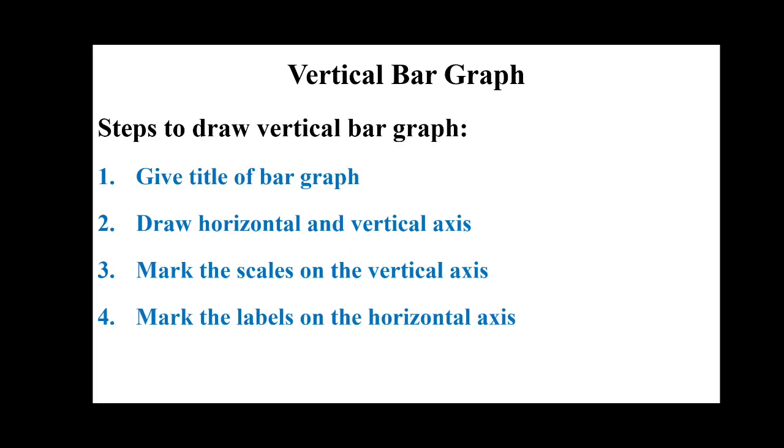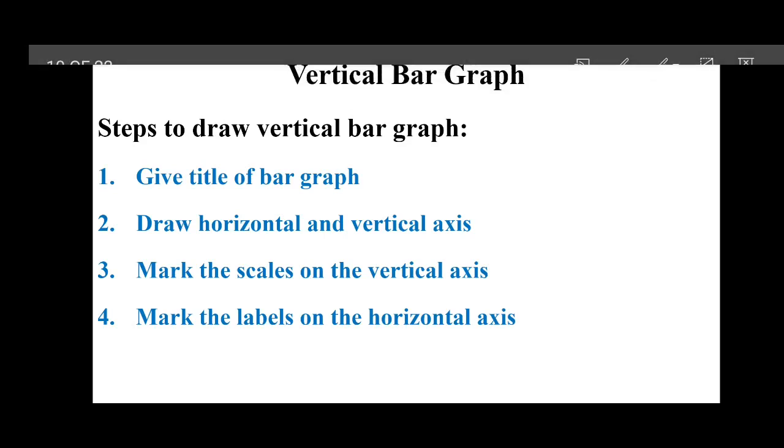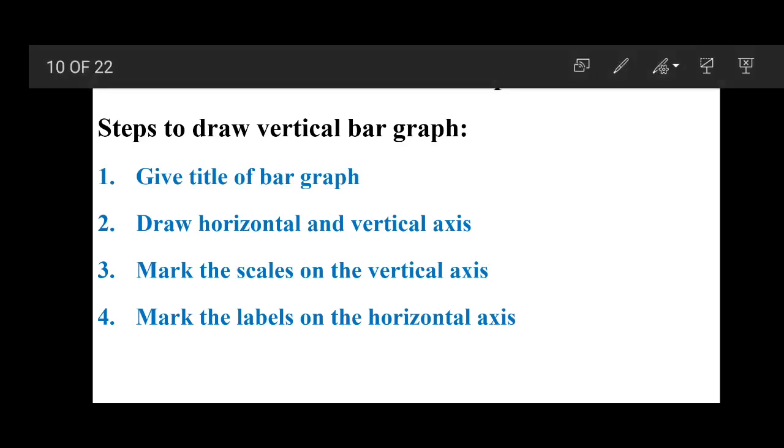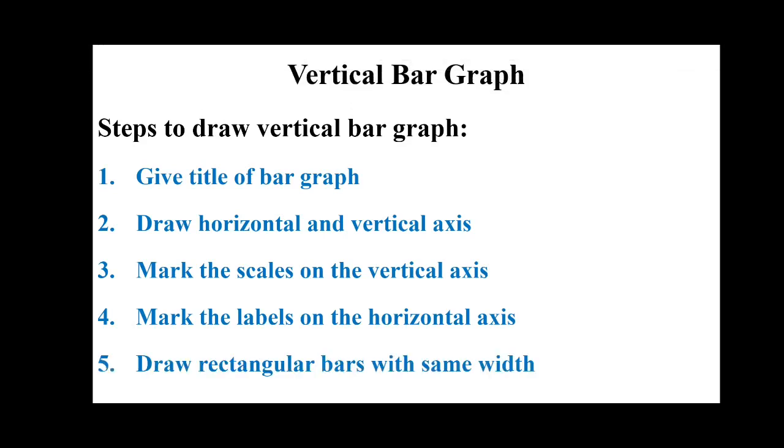Fourth step. Mark the labels on the horizontal axis. The labels represent the objects or persons or anything else. Fifth step. Draw rectangular bars vertically with the same width according to the data.